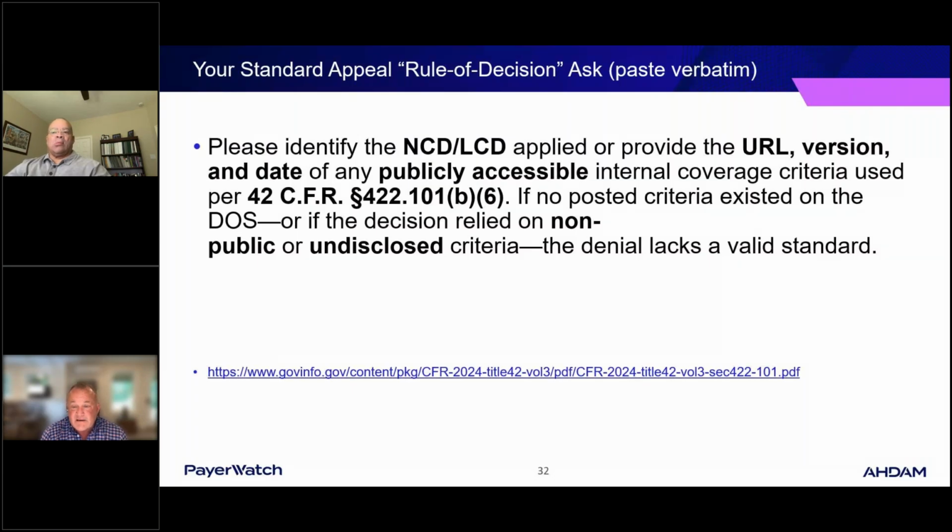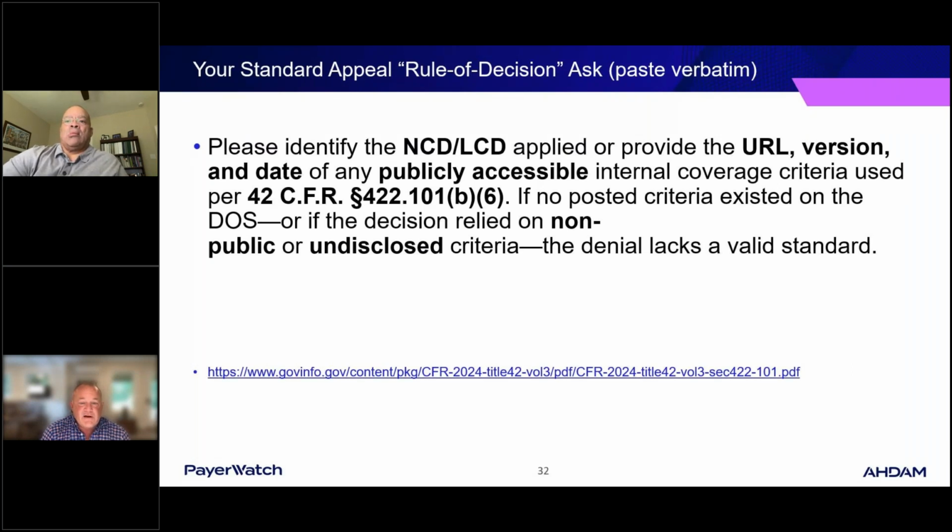Push back and say that if they can't do that, if this is based on non-public or undisclosed criteria, this lacks a valid standard and is a baseless appeal. So you can cut and paste these and take them away, and the source is below in the URL. Next, there are 4 or 5 of these we'll get into as takeaways, and Reggie will do a case here.